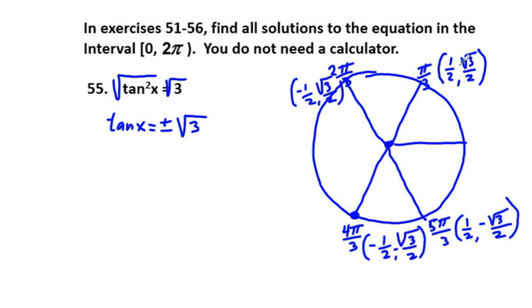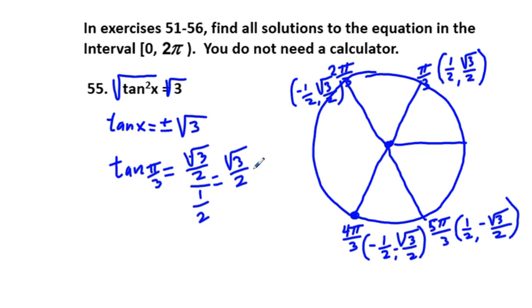So just figuring these out, if we say tangent pi over 3 equals sine over cosine, which is square root of 3 over 2 over cosine, which is 1/2, this is going to be equal to square root of 3 over 2 times 2 over 1. So we cancel, we get plus square root of 3.